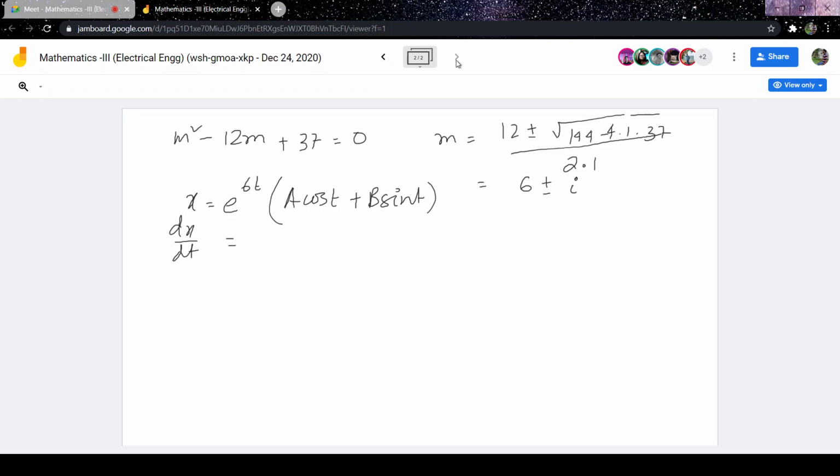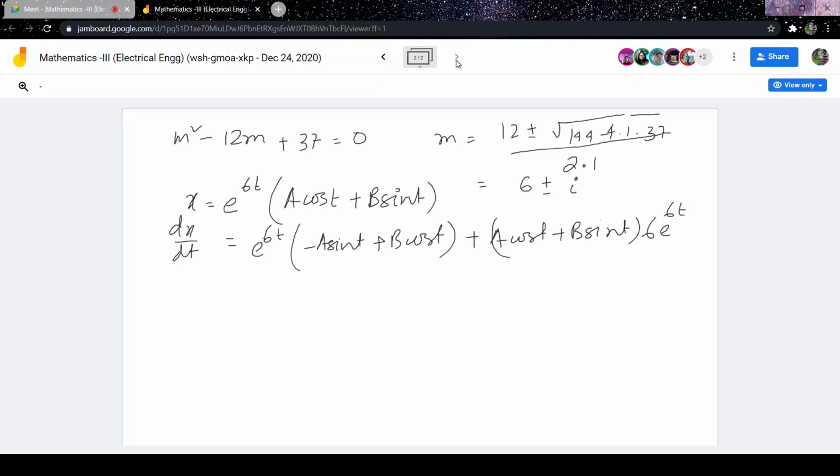So your dx/dt is e to the power 6t (minus a sin t plus b cos t) plus 6x.